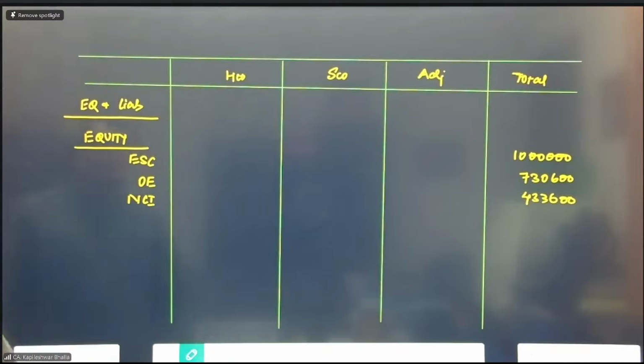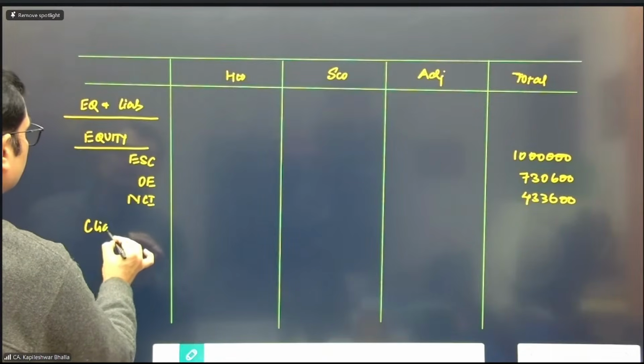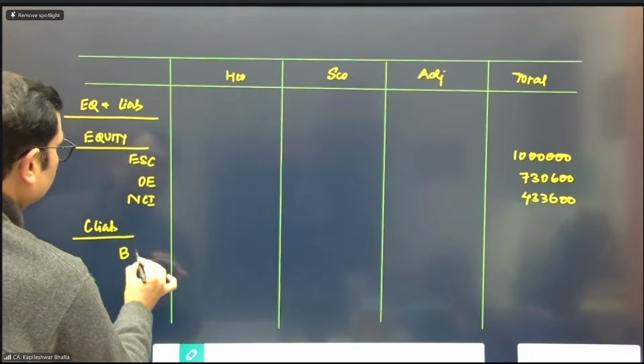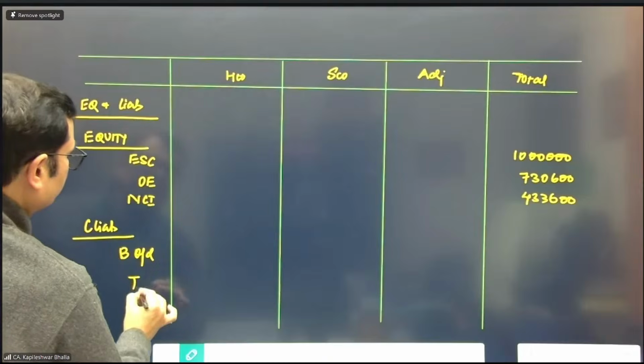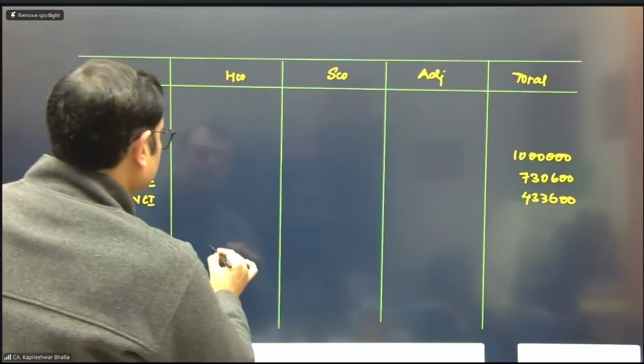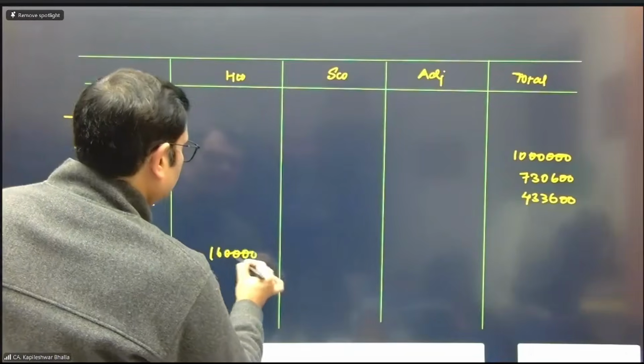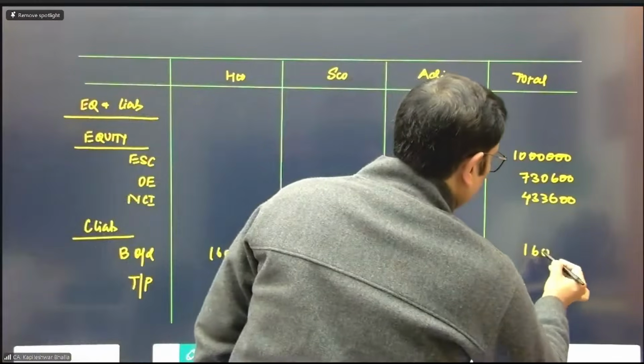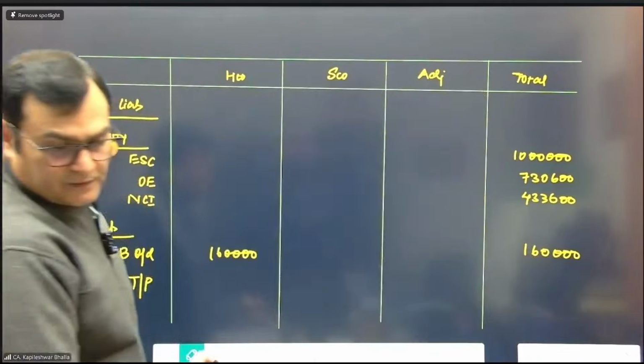Then there is no non-current liability, just the current liability is given. There is a bank OD and there are trade payables. The bank OD is 1,60,000 for the parent, nothing for the subsidiary. So that goes in the total.